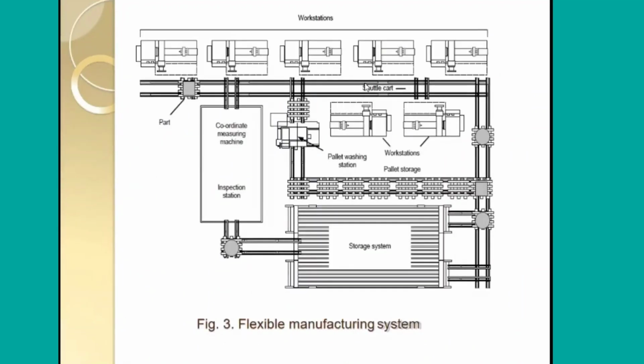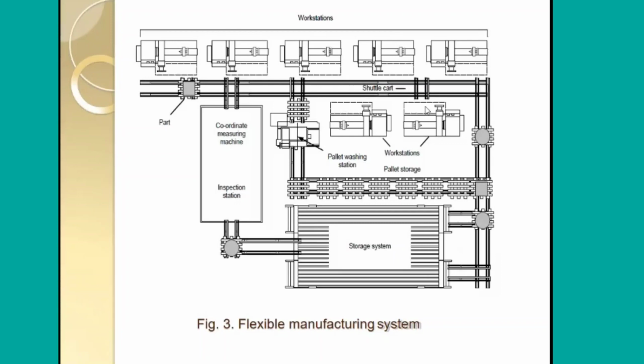This is what we're going to study. It consists of 4 or more processing workstations, typically CNC machine centers or turning centers, which are connected mechanically by a common part handling system and are also controlled by a distributed computer system. After the process is done by each machining center, the part will move on to the storage system, and then it will go to the coordinate measuring machine for inspection.